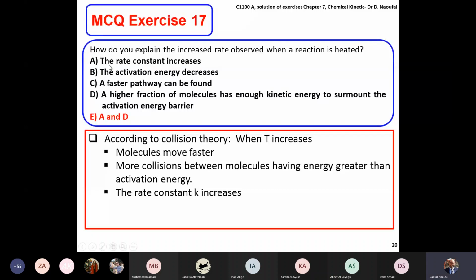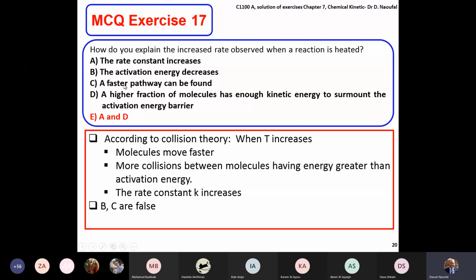A is correct. The activation energy decrease is incorrect, since the activation energy of a certain reaction depends only on one condition: do we add a catalyst or not? So a faster pathway can be found. The temperature does not affect the pathway. The pathway is affected only by the addition of the catalyst.